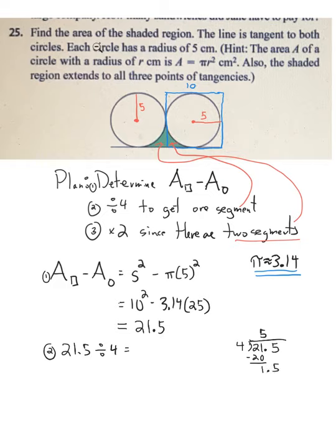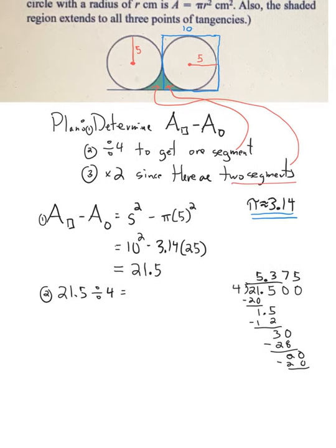Bring down the 5. 4 into 15 goes 3 times. And 7. And 5. And that gives me 0.